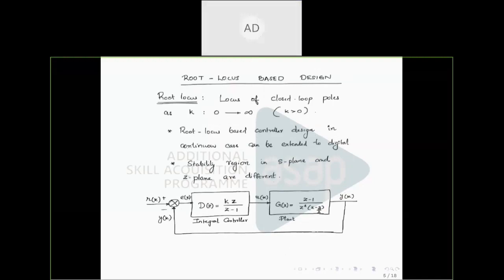Okay, so let me continue with the design of a controller using the root locus. So let me consider a plant G of Z, which is given by, let me take an example, Z minus 1 by Z square by Z minus 3 by 2. Remember that this is not our plant. Our plant was some continuous time plant.